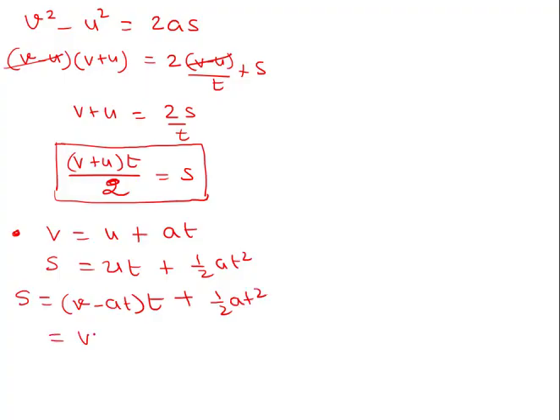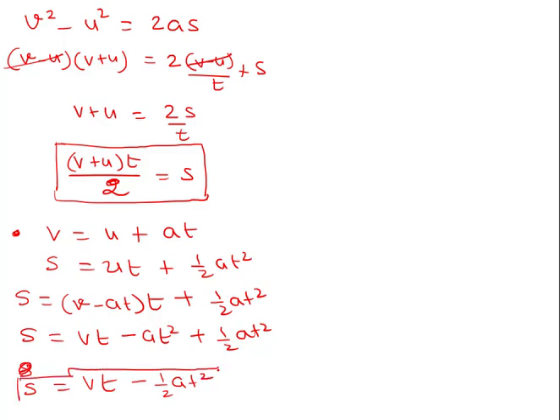So if I simplify further, vt minus at square plus half at square. And therefore s will be equal to vt minus half at square. And this is equation number 5. This is how we get these 5 equations.